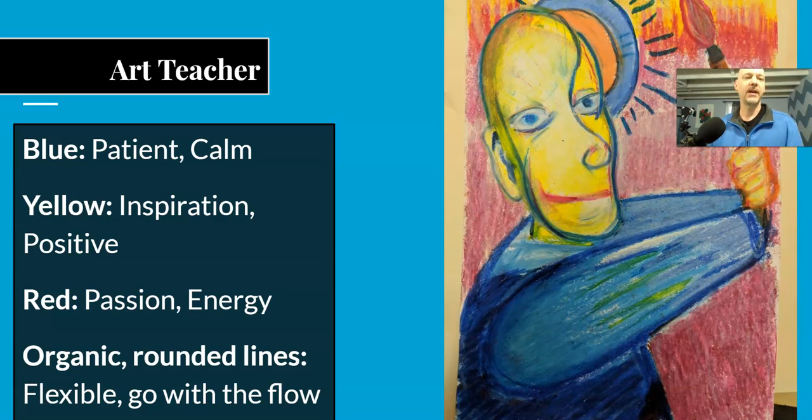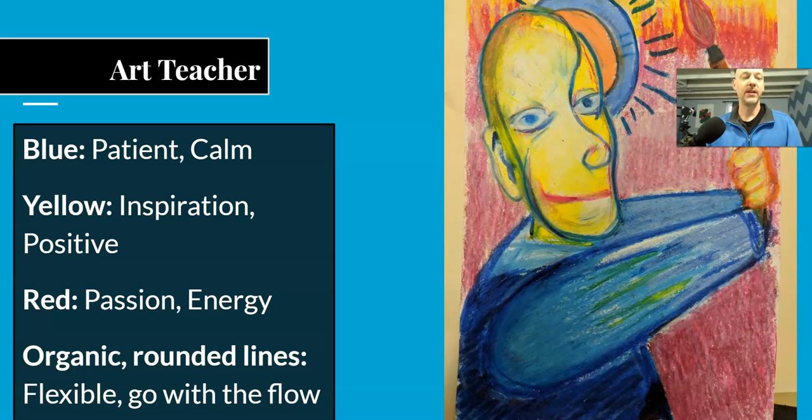So here's my example. Using the color meaning charts that you can find on Classroom, you can find which colors represent different characteristics. So I chose blue because as an art teacher I need to be patient and calm.